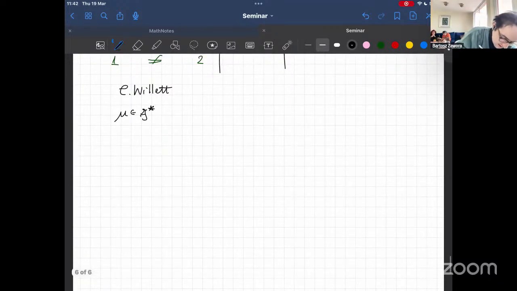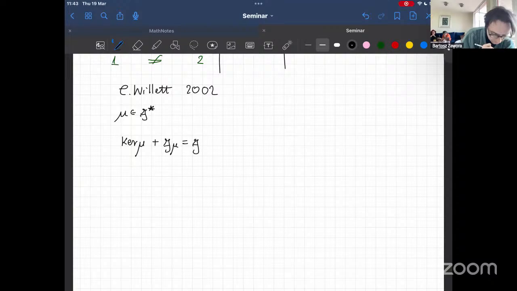Christopher Willett, I think it's 2002, introduced a very technical condition which has to be satisfied. I mean, this condition is required to endow the quotient manifold with a coorientable contact structure.